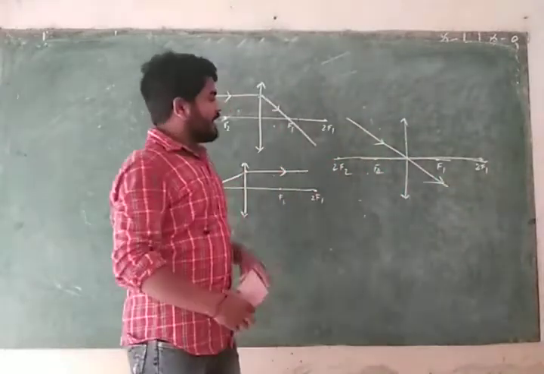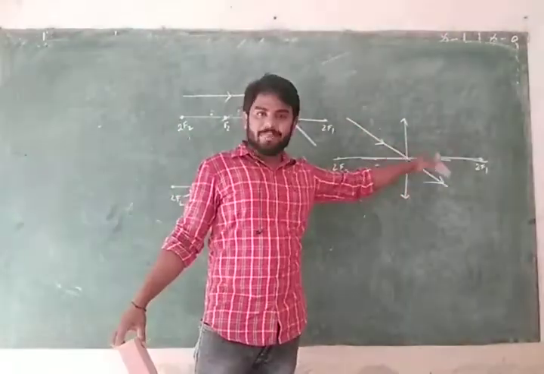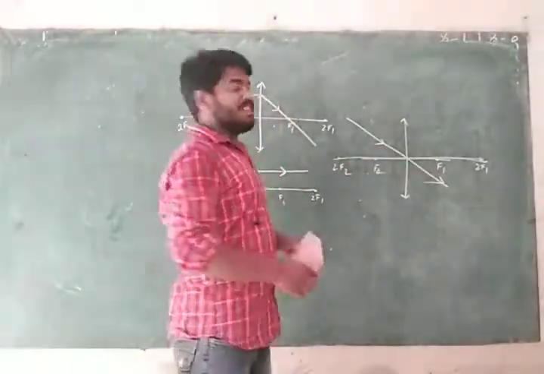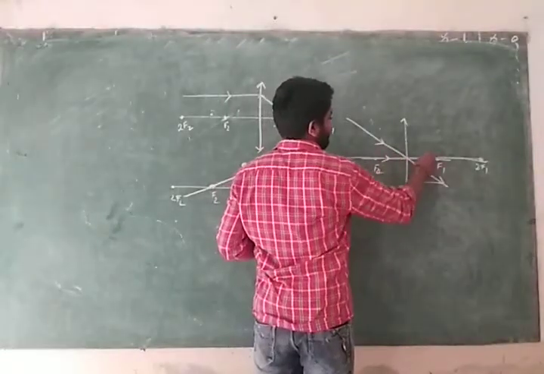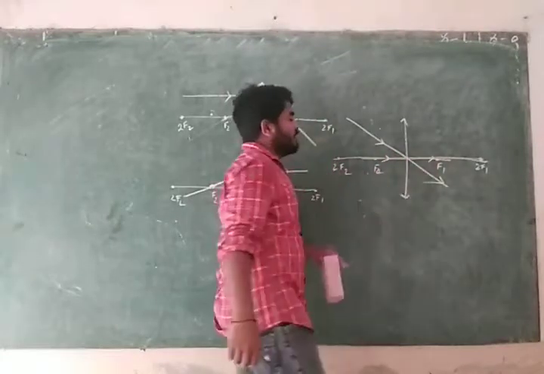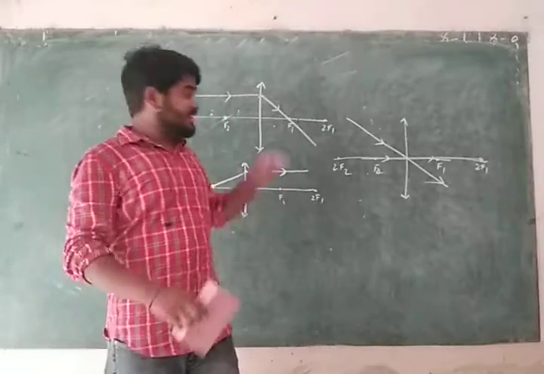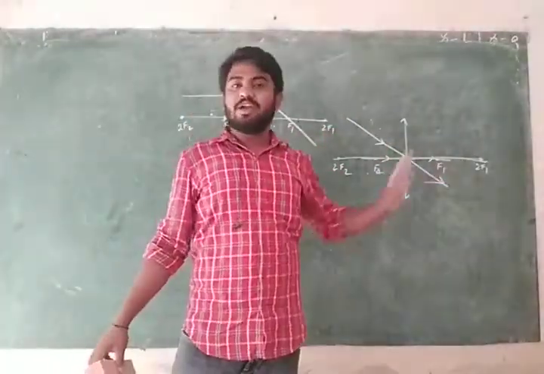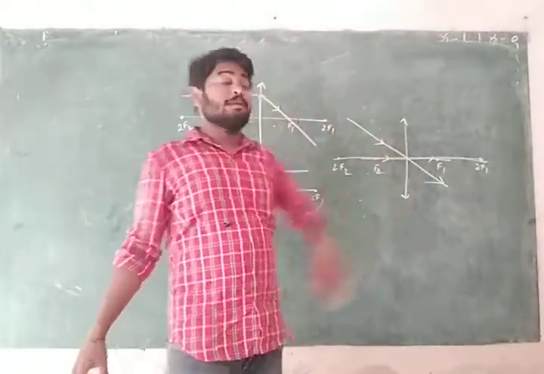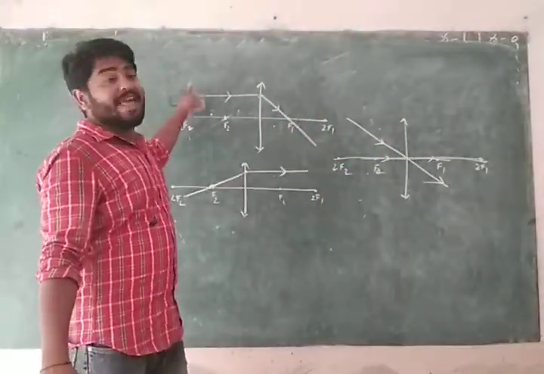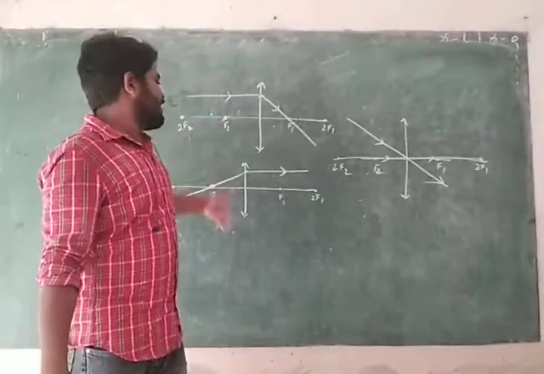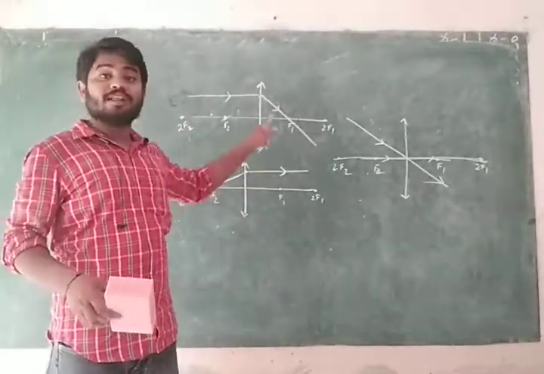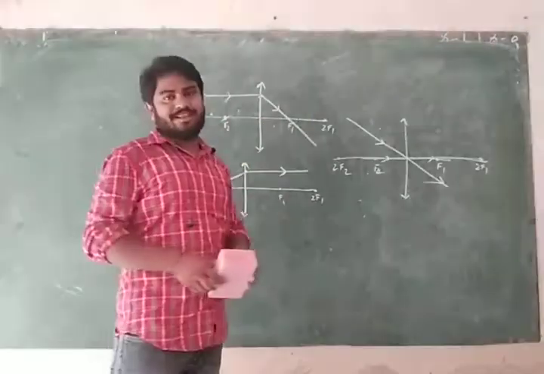Remember that when a light ray passes through the optic center, or along the principal axis, it does not deviate. It continues its original path. But when they are making an angle or are parallel like this, they will deviate. These are the ray diagrams for the convex lens.